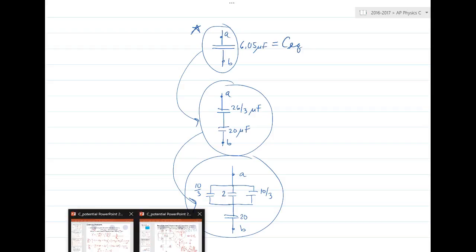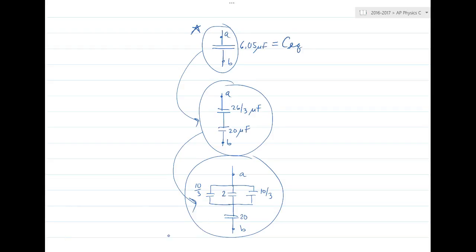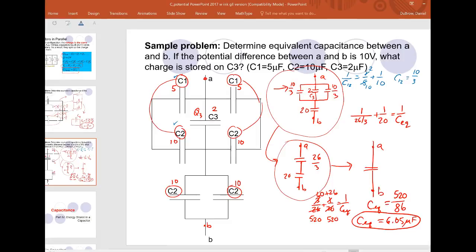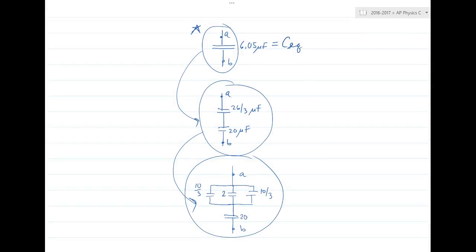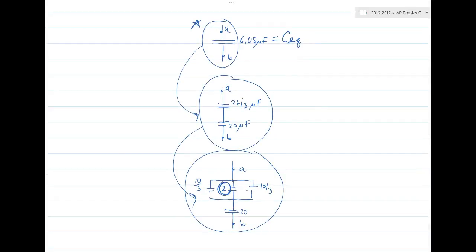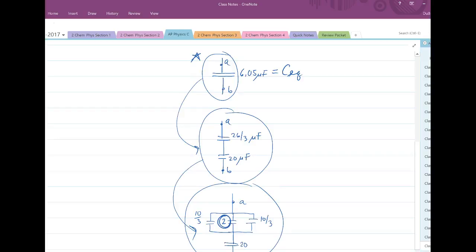So if we look at our previous slide, then we can see that there's more to do, but we don't have to, because what we're looking for is the charge that's stored on C3. And so we're going to be zeroing in on this guy right here. Okay, so all of these numbers in blue are capacitance.